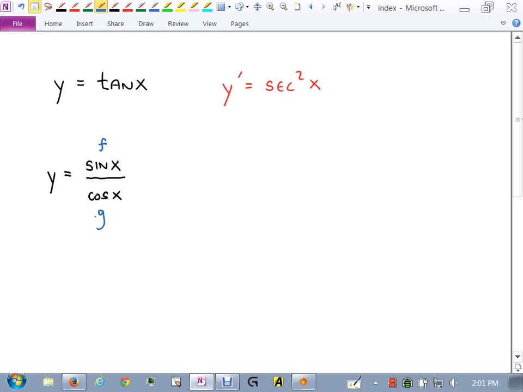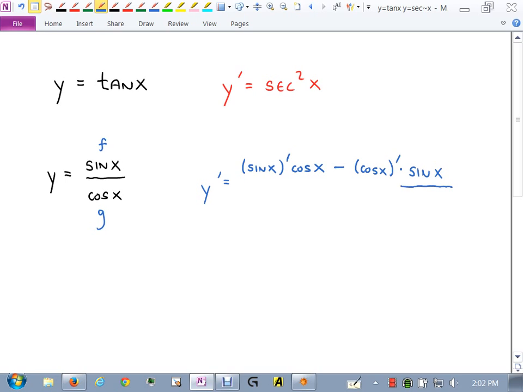The quotient rule says the derivative should be f prime, which is the derivative of the sine, times the bottom one, g, minus g prime, which is the derivative of the bottom one, times f, the top one.